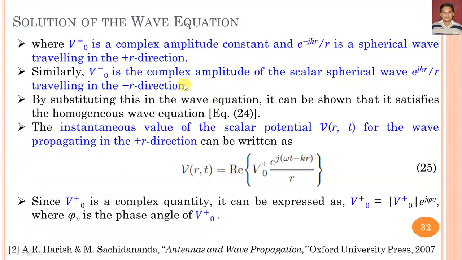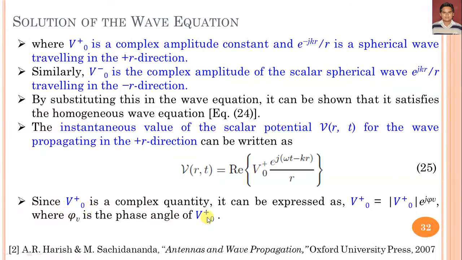By substituting this value in the wave equation, it can be shown that it satisfies the homogeneous wave equation. So we have considered the instantaneous scalar potential function V(r,t) for a wave propagating in the plus r direction. V(r,t) is equal to the real part of V plus e to the power j(omega t minus kr) upon r. By using this expression we have the scalar potential function.